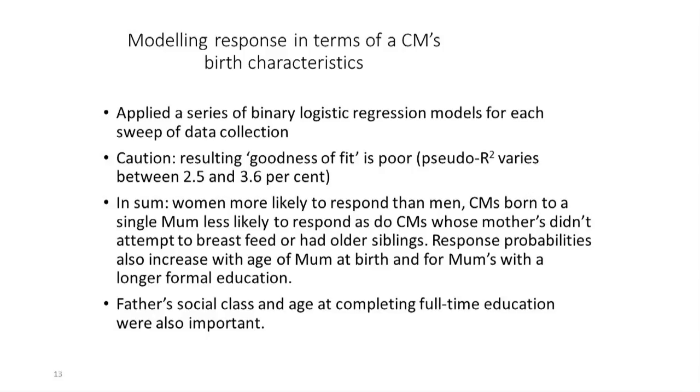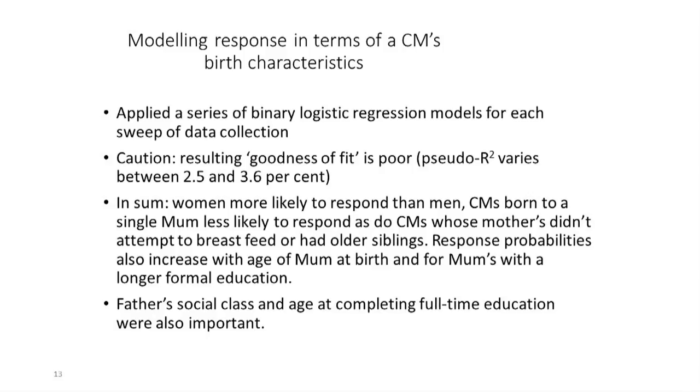But you can draw some indicative conclusions, and they probably won't surprise you. In the paragraph, I tried to sum up: women are more likely to respond than men. Cohort members born to single-parent mums are less likely to respond than cohort members who have 2 parents at birth. There's an impact of not breastfeeding, having older siblings.